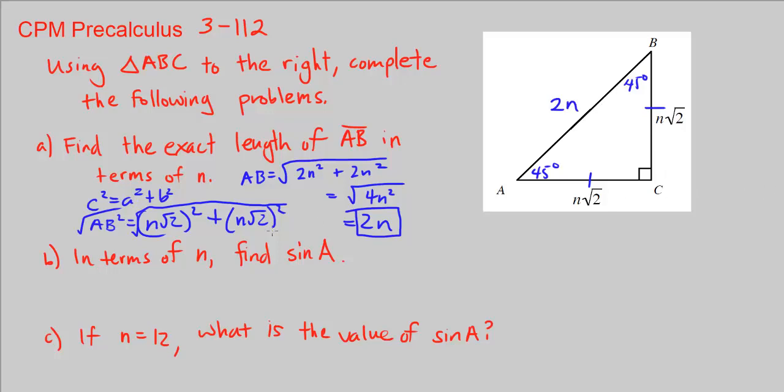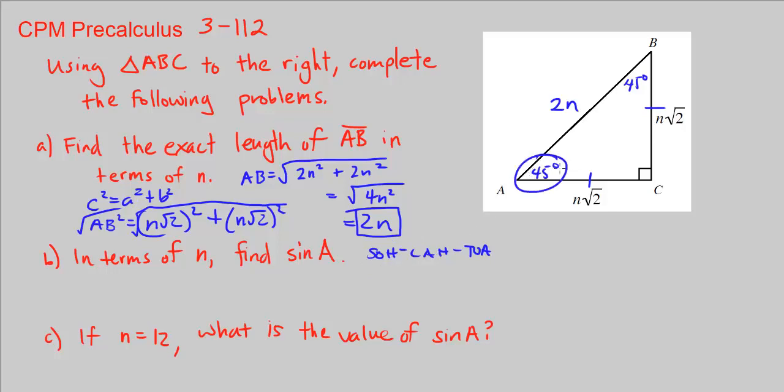Let's go ahead and continue. In terms of n, find sine of A. So here's angle A right here. Sine, remember, from SOHCAHTOA, right, there's OH, AH, OA. O is opposite side, because we're looking at sine, so we want to look at this one. Sine is opposite over hypotenuse.